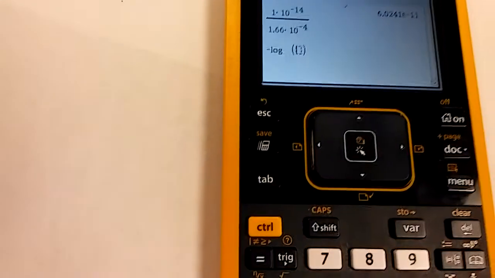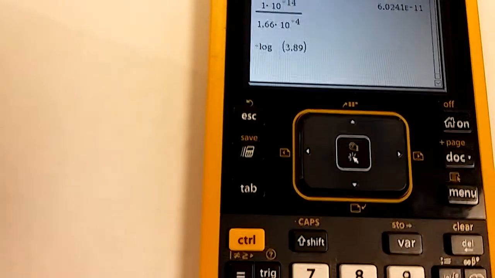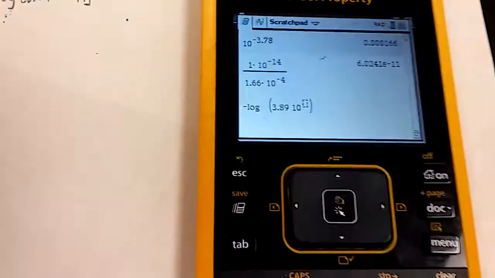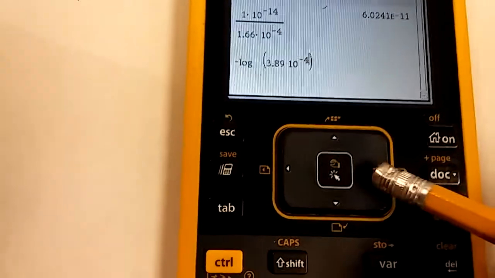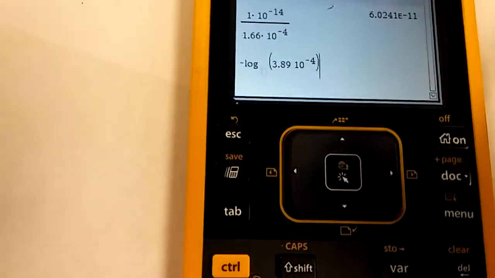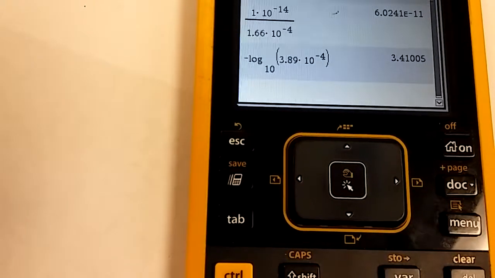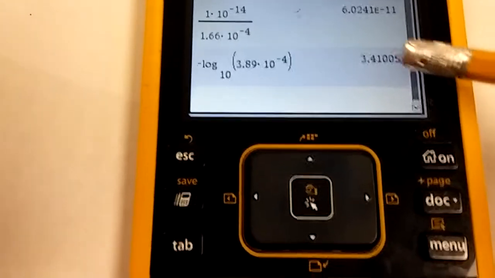So 3.89. And then remember, we're going to do 10 to the x. Just like that. Negative 4. And then take it outside the parentheses and enter. And we find out that our pH is 3.41005. I would round instead of writing all those numbers.